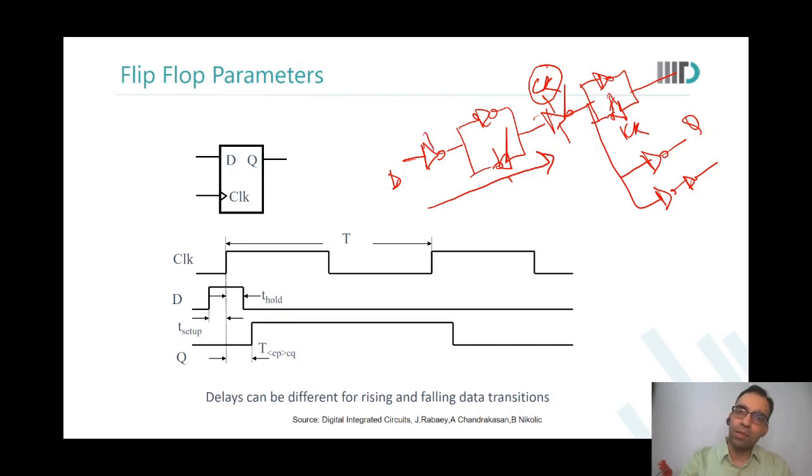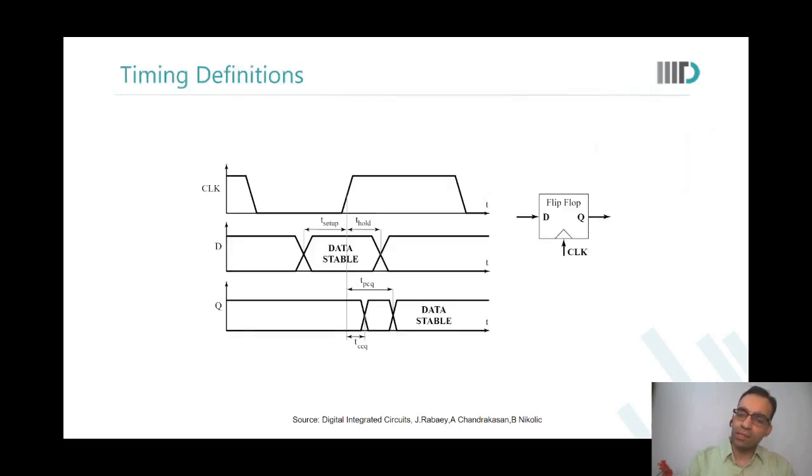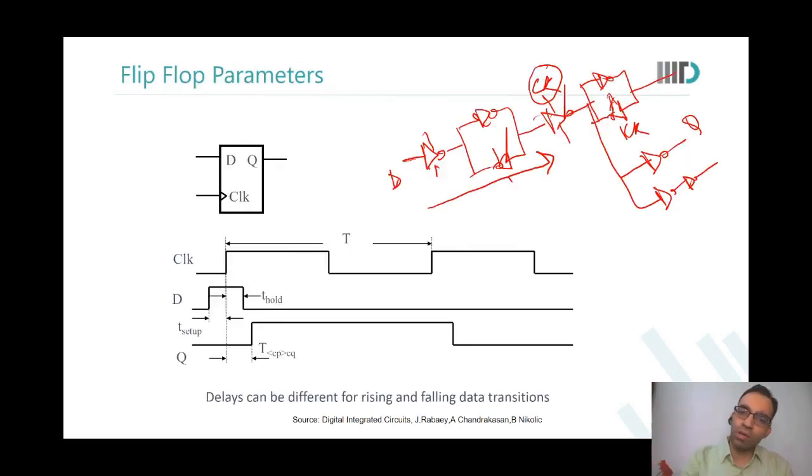Now, let us say clock toggles. What happens now? When clock toggles, this tri-state also turns active, and whatever was stable here is now starting to reflect on Q. So what has triggered this transition on Q?